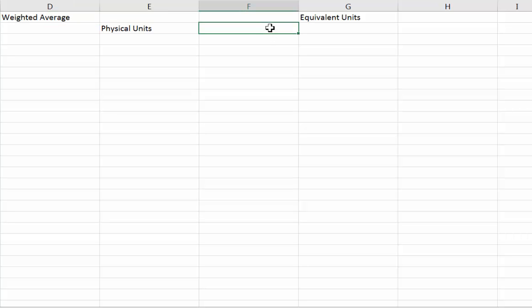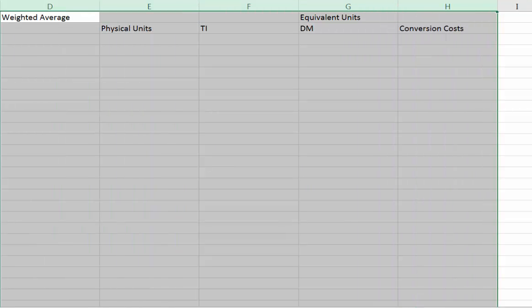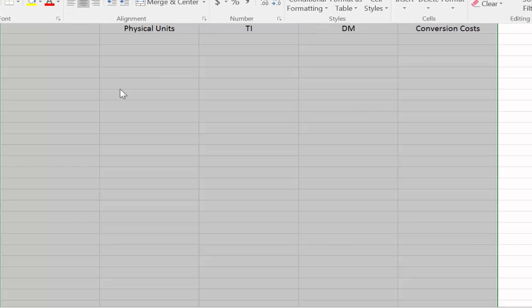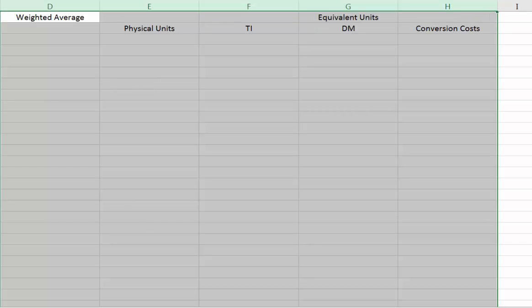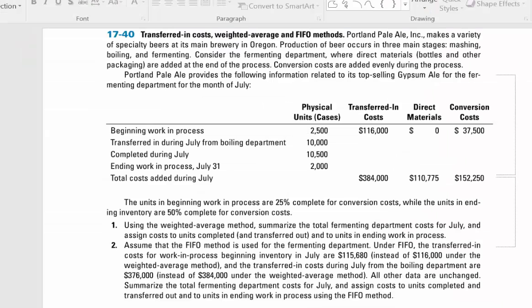I'm going to take a look at the transfer in and the direct materials later on. This is similar to what we have studied in the lecture slides. Now we have conversion cost. Let me put them in the middle. Okay, so that's it. Let's start with the question here.